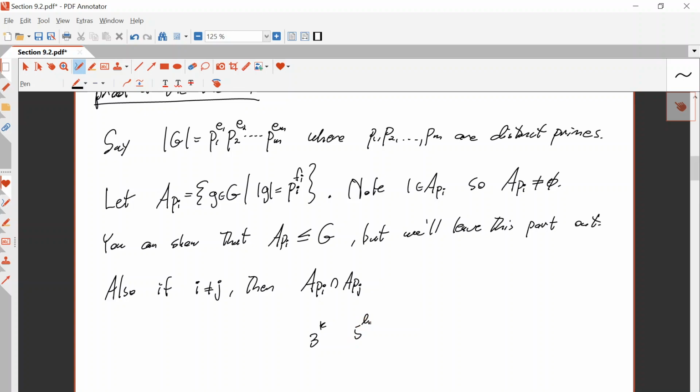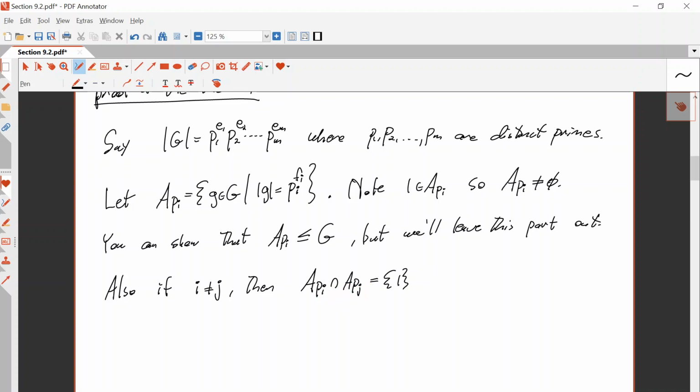But there's no common divisor between powers of 3 and powers of 5 except for 1. And the only thing of order 1 is just the identity. So if i is not equal to j, then these two have trivial intersection.